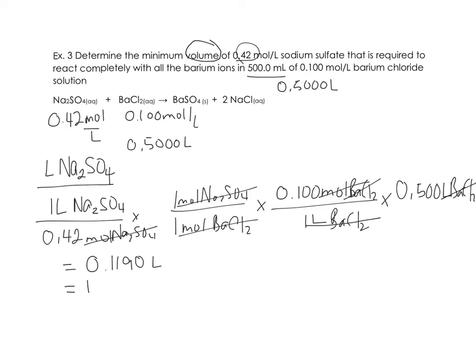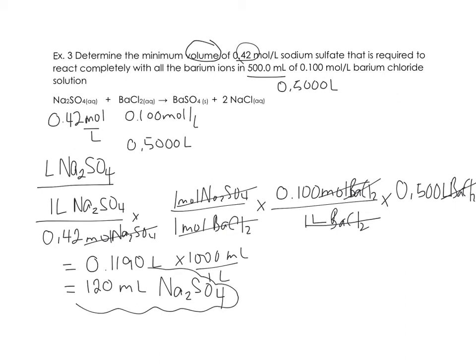So we would multiply that by 1,000, so 119, or to 2 sig figs, 120 milliliters of sodium sulfate. So we would need 120 milliliters of 0.42 mole per liter sodium sulfate to completely react with half a liter of 0.1 mole per liter barium chloride in this reaction.